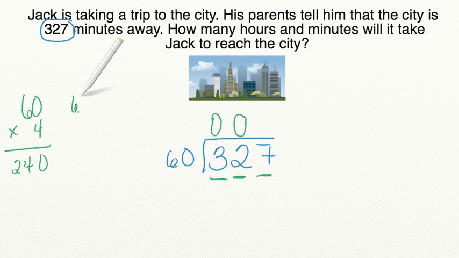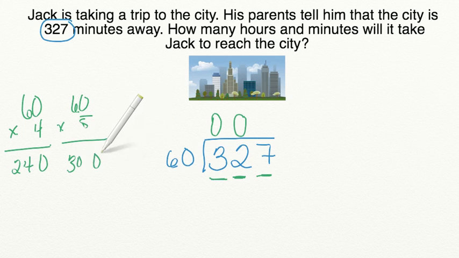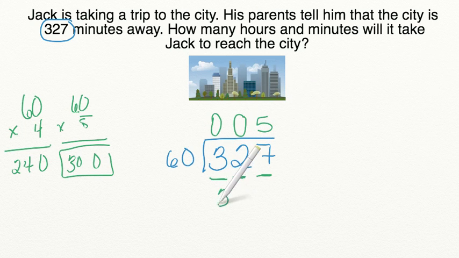Let's try 60 times 5. 5 times 0 is 0. 5 times 6 equals 30. All right, so 300 is going to be our closest number, because if we went up to 6, we'd have 360, and that would be too much. So we know that 60 can go into 327 5 times, and 60 times 5 equals 300.